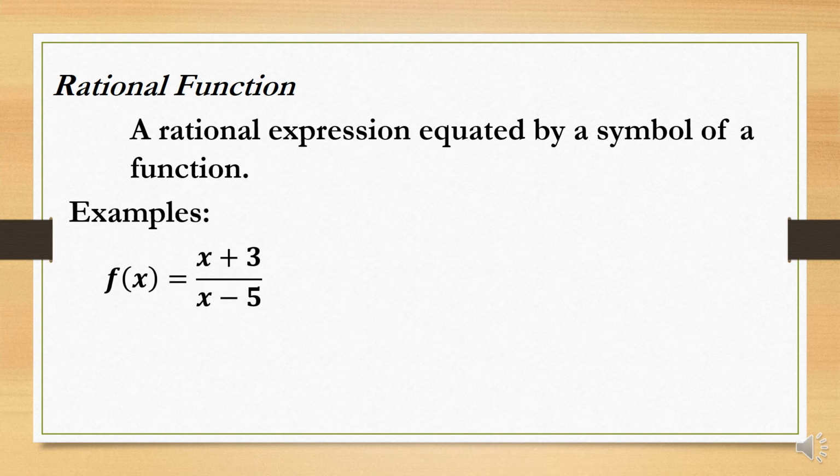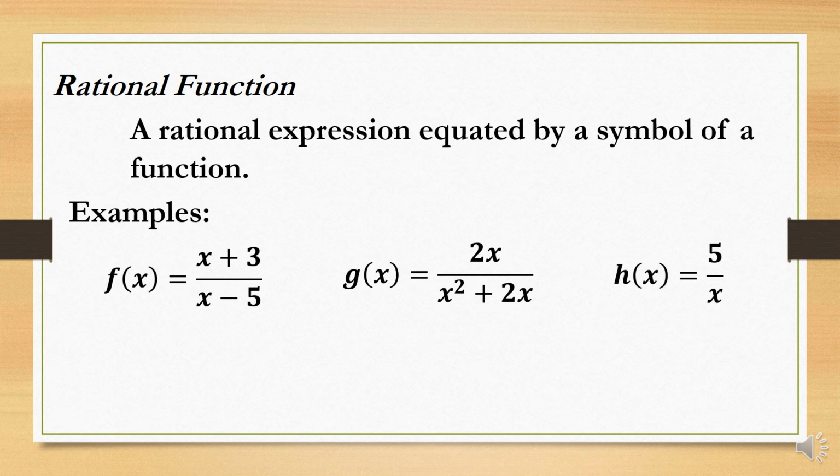You have observed that we use f of x, which is represented by a function. g of x is also represented by a function and equated to the given rational expression. So we have g of x is equal to 2x over x squared plus 2x. Another example, h of x is equal to 5 over x.